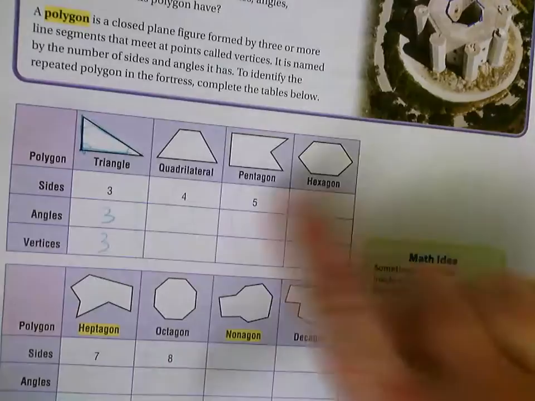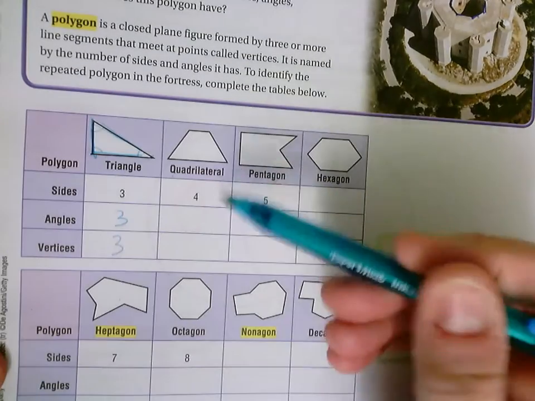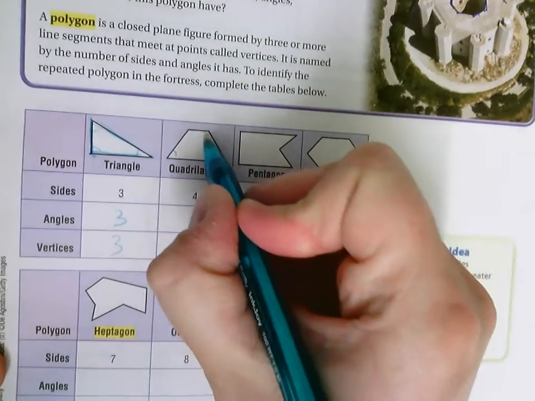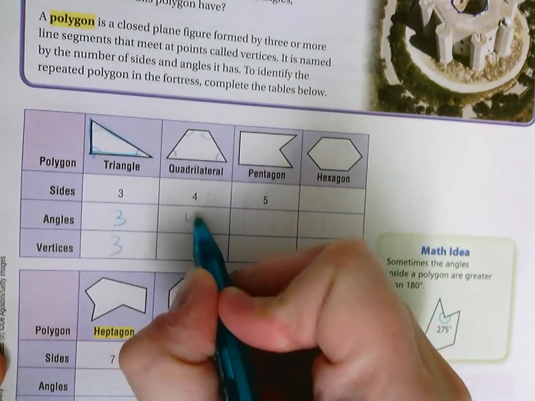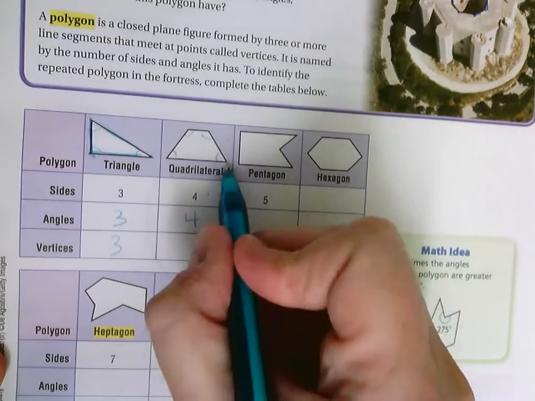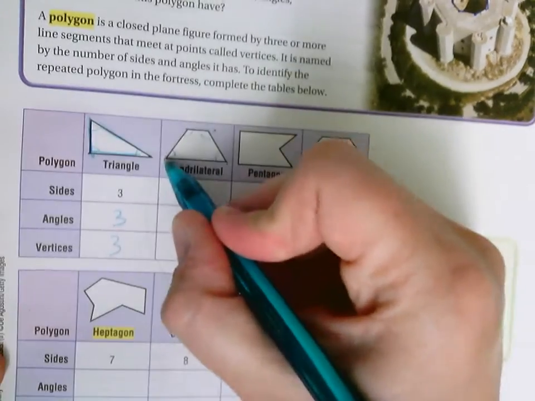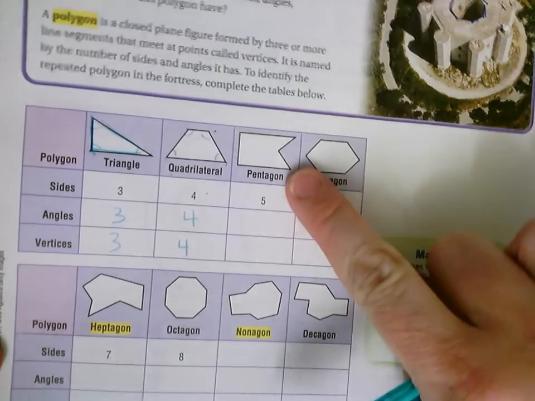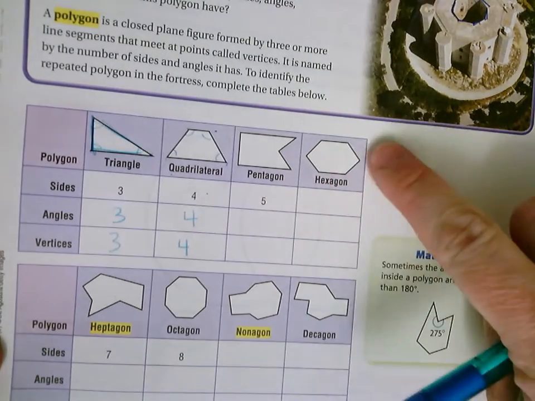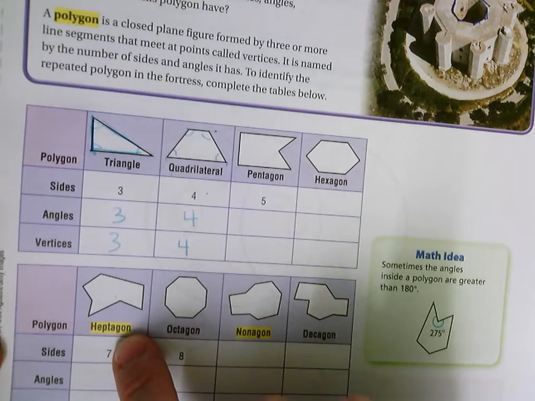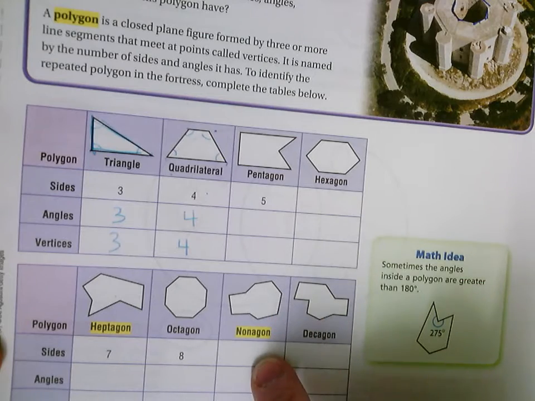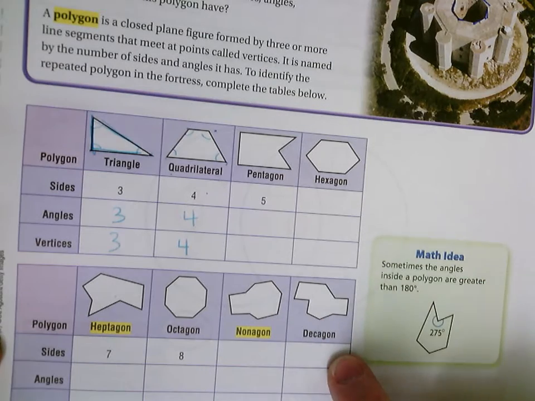That is a triangle. Our next polygon is a quadrilateral. A quadrilateral has 4 sides, and you can see that it also has 1, 2, 3, 4 angles. And it has 1, 2, 3, 4 vertices. All right. Next, we have a pentagon with 5 sides, a hexagon, a heptagon has 7 sides, an octagon, a nonagon has 9 sides, and a decagon has 10 sides.